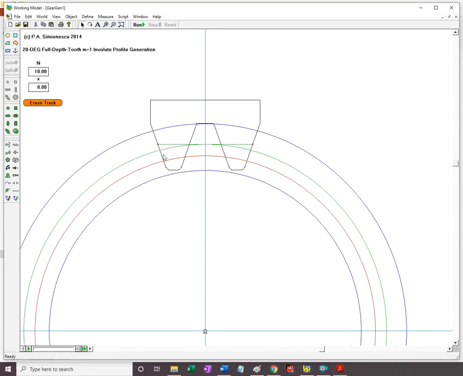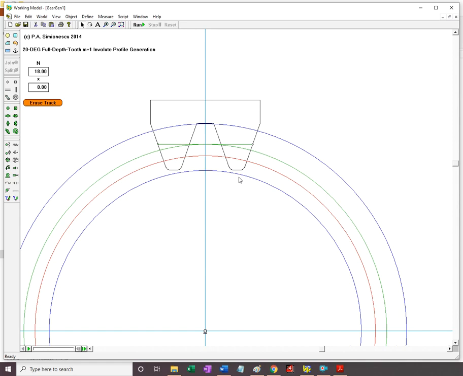So we have the cutting tool, which is a rack, and it's a conjugate rack to the one that would mesh with the future gear, because you want to have clearance at the root between the two, either rack and a pinion, or two gears that mesh.